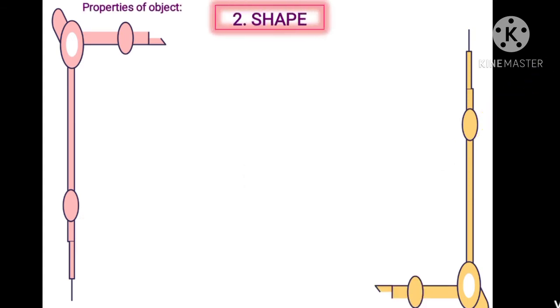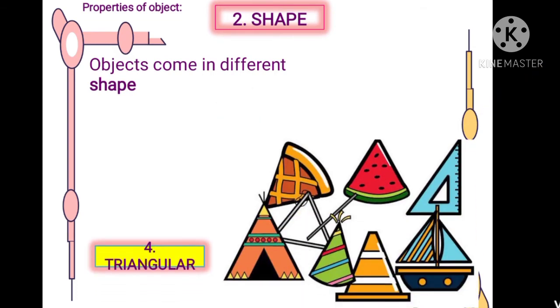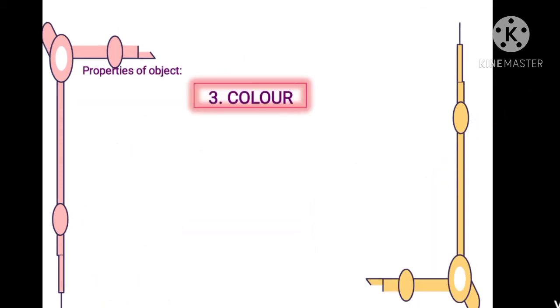The other shape is square, so they have the same size on each side. It could be an alarm clock, a frame, a window, a chest box. And then the other shape is triangular, like a slice of pizza, watermelon, a boat, a hat, etc.